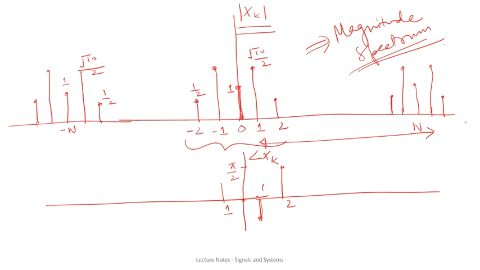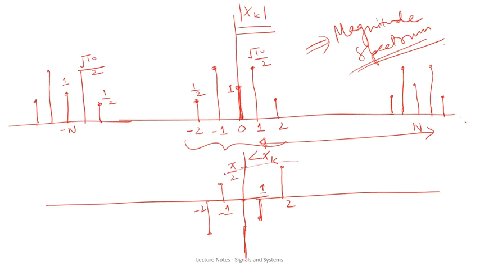This is at minus 1, this is at 1, and x minus 2 is pi by 2, so this will be in negative direction. This is at minus 2. Okay, so this is how phase spectrum will be plotted. Now same thing you can do in this phase spectrum also.